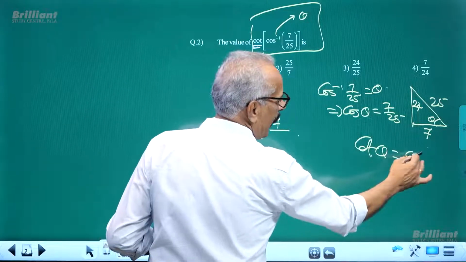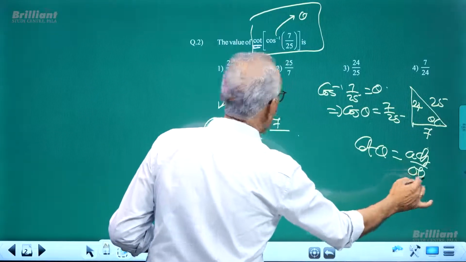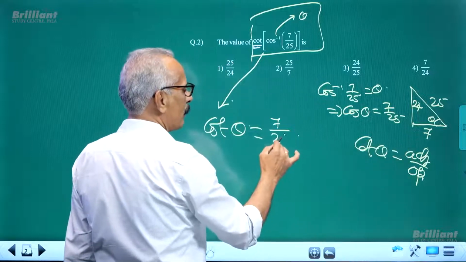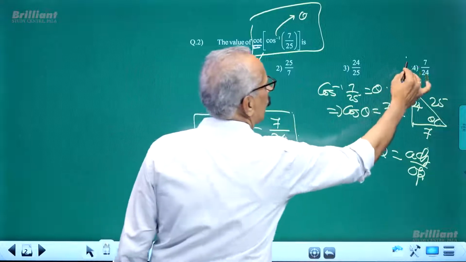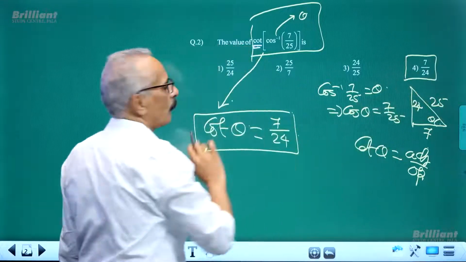Cot theta is adjacent side by opposite side. Adjacent 7 divided by opposite 24. So 7 divided by 24, where is it in the options? Option 4. Your answer is 4.